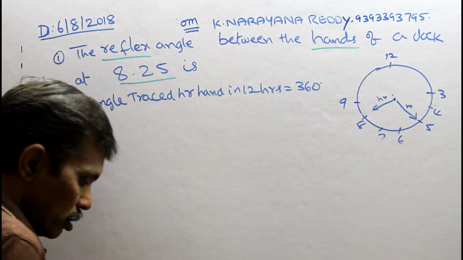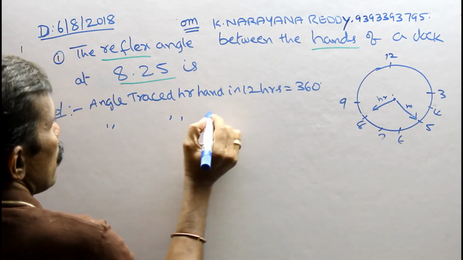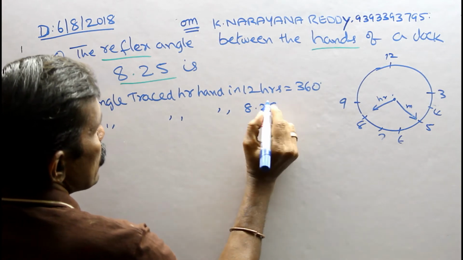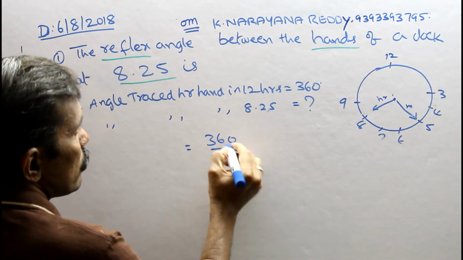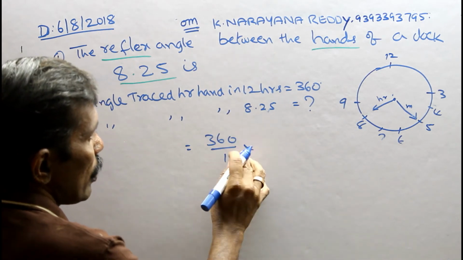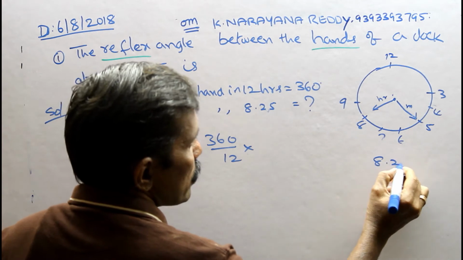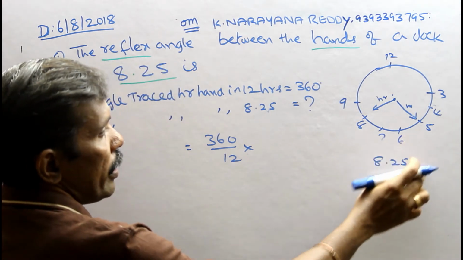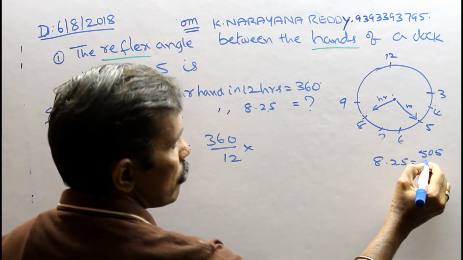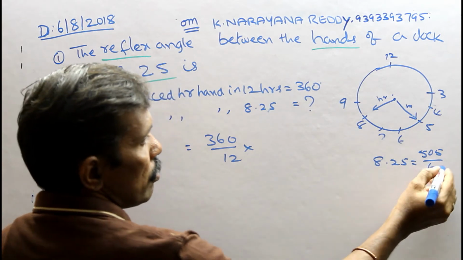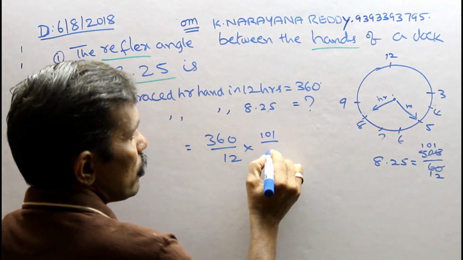Okay. In the same manner, the angle traced by the hour hand in 8 hours 25 minutes is equal to how much? 360 by 12 into, this will be converted into hours. 8:25 means 8 sixes are 48, 480 plus 25, 505 by 60. By dividing this, what do you get? 101 by 12.